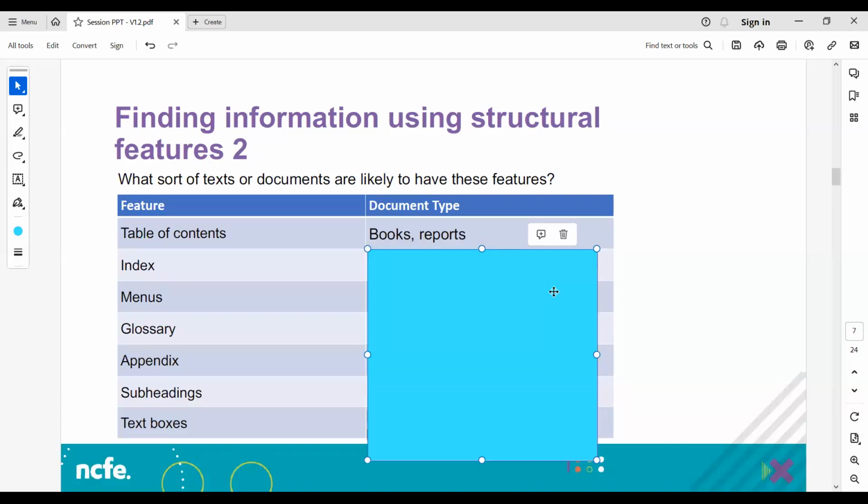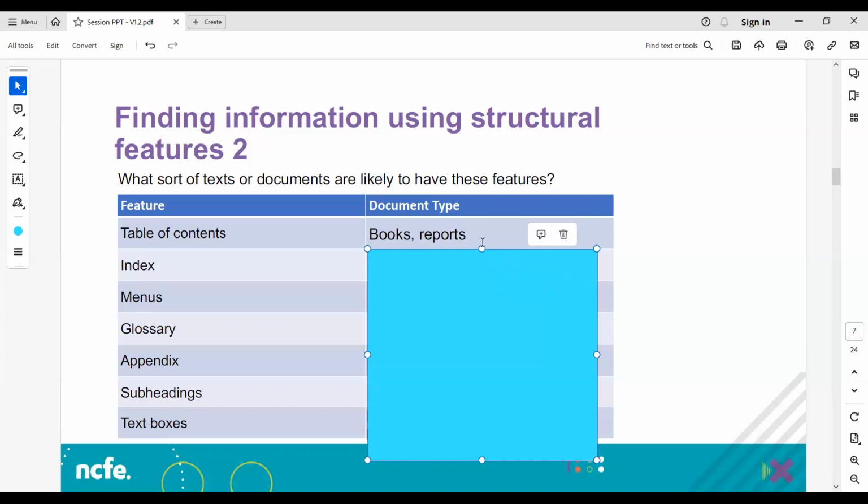The COVID panel that are investigating at the moment will presumably produce a report at the end of all that process, which is going to be very long. So it would need a table of contents. Whereas an article is usually a shorter piece of writing that's found within a journal or a magazine, so the article itself would not have a table of contents. What about an index?